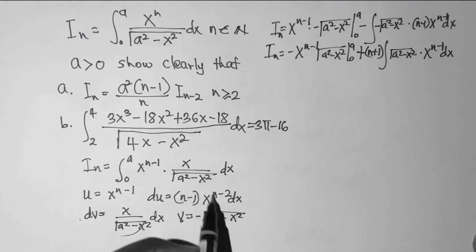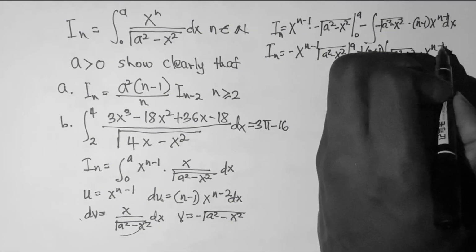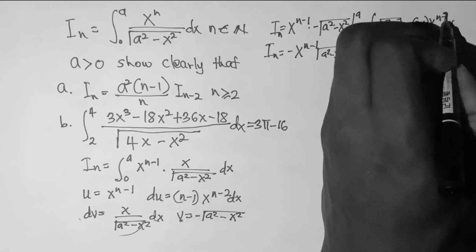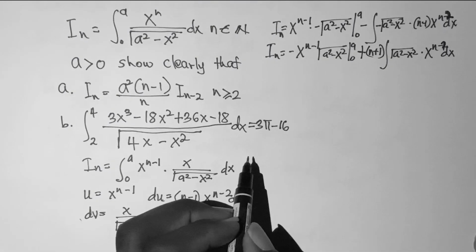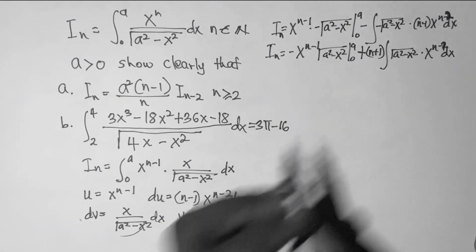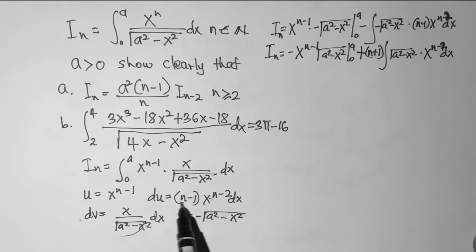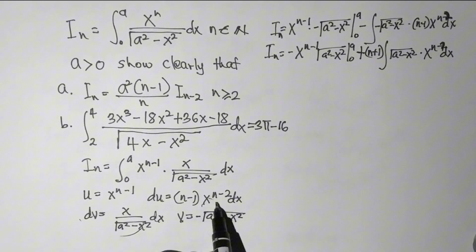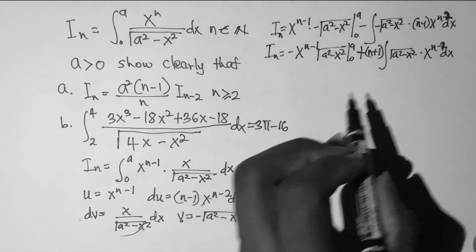Here is du, v du. Here we have n minus 2, so I made a mistake. This is n minus 2 dx, because du is (n minus 1) x exponent n minus 2 dx.